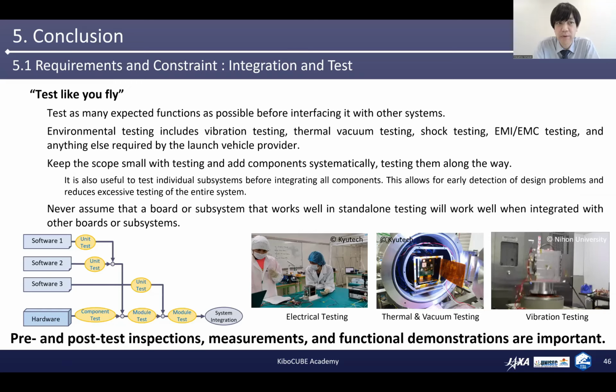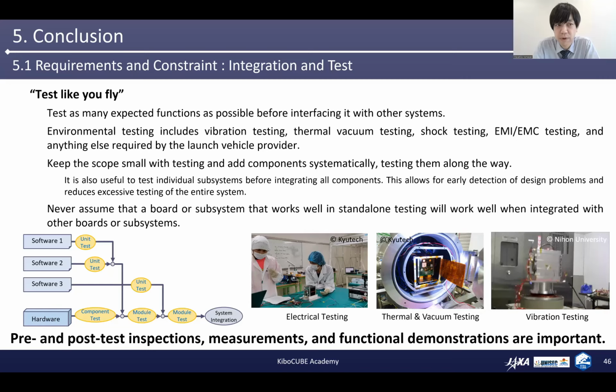For successful payload and CubeSat development, it is important to test as many expected functions as possible before interfacing it with other systems. For example, environmental testing includes vibration testing, thermal vacuum testing, shock testing, EMI, EMC testing, and anything else required by the launch vehicle provider.